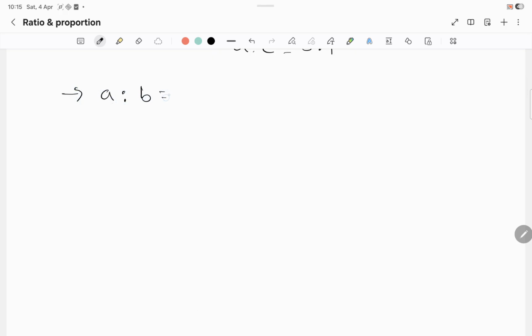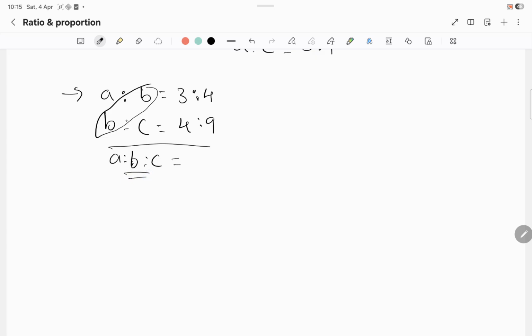Next, A is to B is equal to 3:4, B is to C is equal to 4:9. Then A is to B is to C is equal to. See, here B and B are common, so we combined and wrote B. Then in the same way, 4 and 4 are common, so we can write directly 3:4:9.